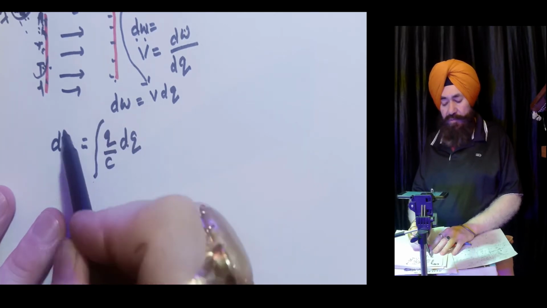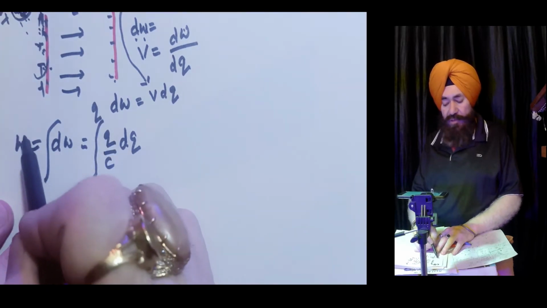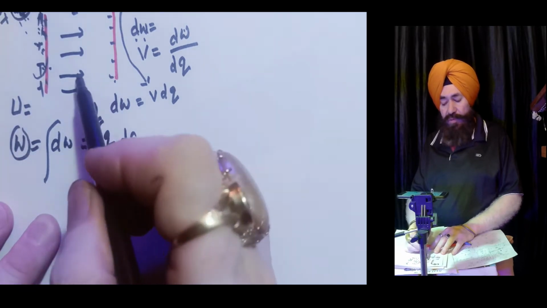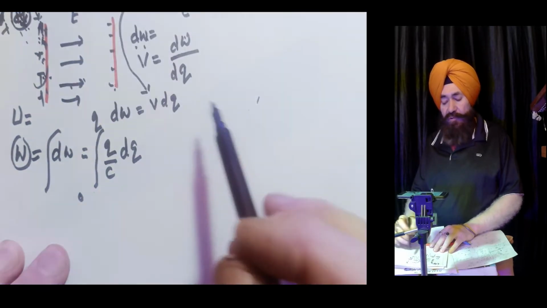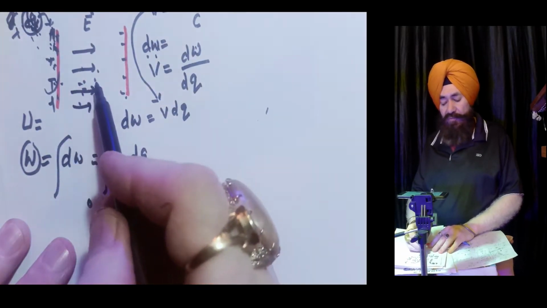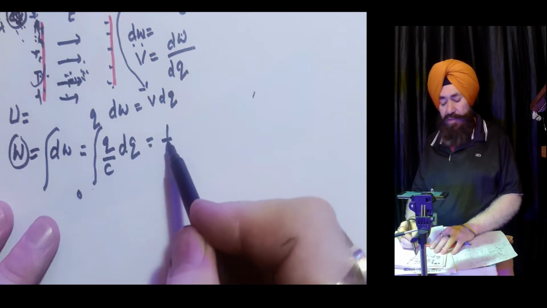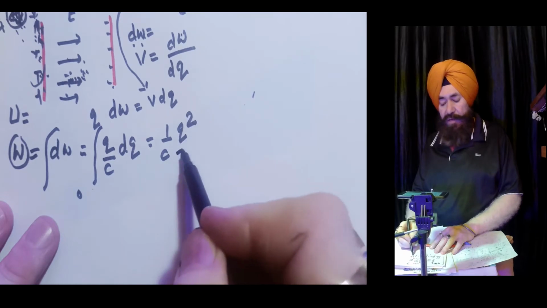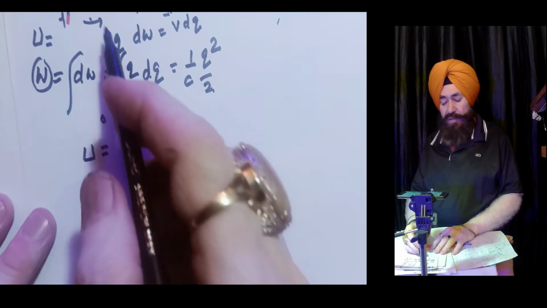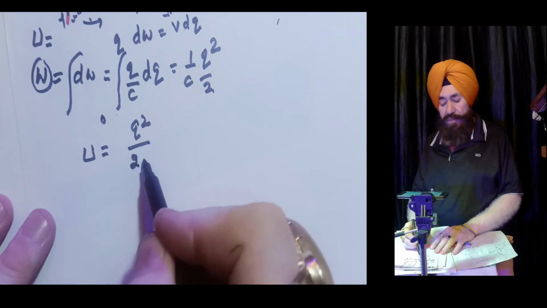And what is the total work done in bringing charge from 0 to Q? Work becomes energy, which is stored in the form of electric field. It is the integration, Q square by 2. So the energy between the plates of the capacitor is Q square by 2C.